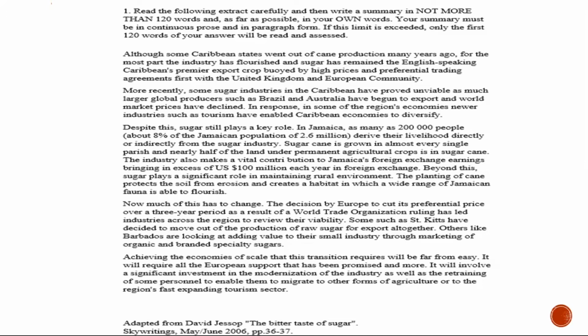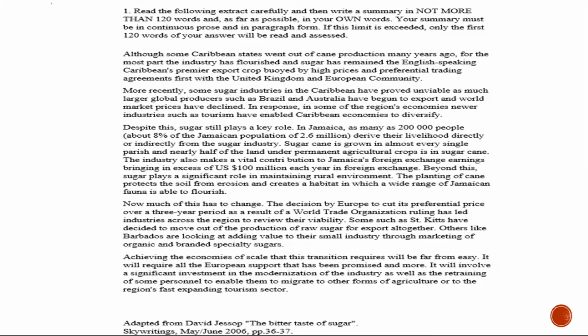Achieving the economies of scale that this transition requires will be far from easy. It will require all the European support that has been promised and more. It will involve a significant investment in the modernization of the industry, as well as the retraining of some personnel to enable them to migrate to other forms of agriculture or to the region's fast-expanding tourism sectors.